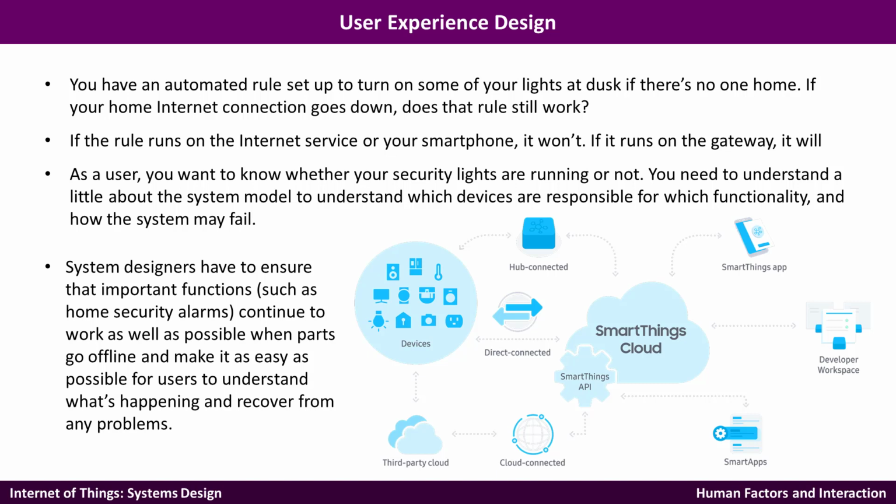If you have a particular analytics or a rule set on the local gateway, then certainly if the internet is disconnected, the rule will get triggered, and the light bulbs will go on when you move into the room and the motion sensor detects your presence.